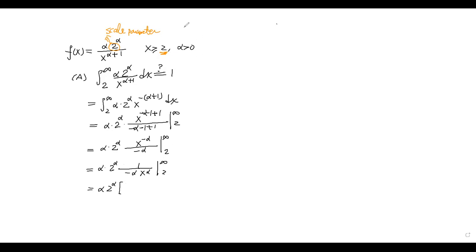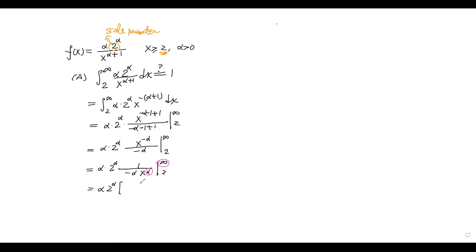When I put the upper bound of infinity, x to the alpha goes to infinity because alpha is greater than 0, and x is greater than or equal to 2, so the denominator approaches infinity and this part approaches 0.